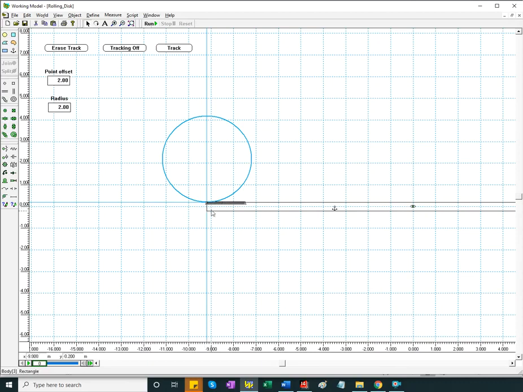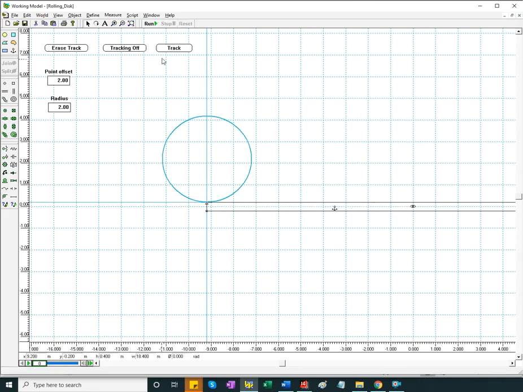Okay, and if I record the contact point, that is the instant center between the two bodies, relative to the ground, then I get the fixed polode, or fixed centrode.